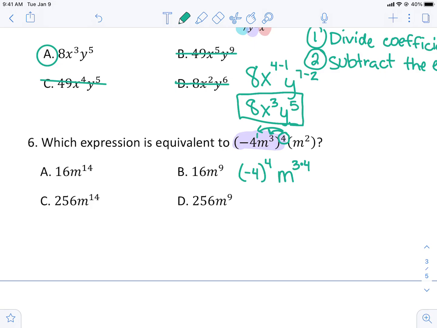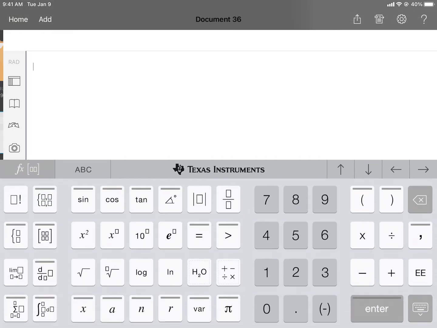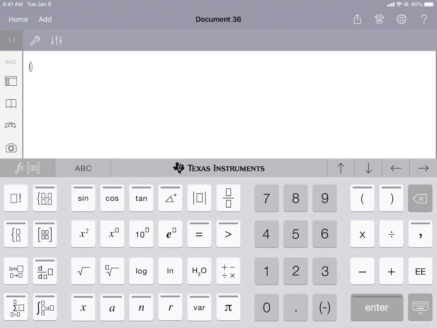So in my calculator, I'm going to type in negative 4 to the 4th power. We have to make sure that we use parentheses. So when I go over to my calculator, I hit new calculator. I do my parentheses, negative 4, close the parentheses, and then I'm going to hit this x with the empty box to the 4th power, and I get 256.